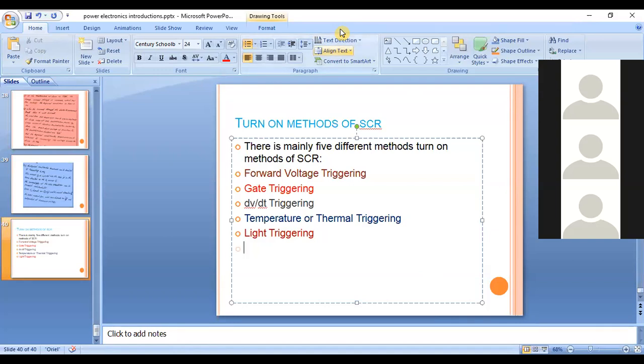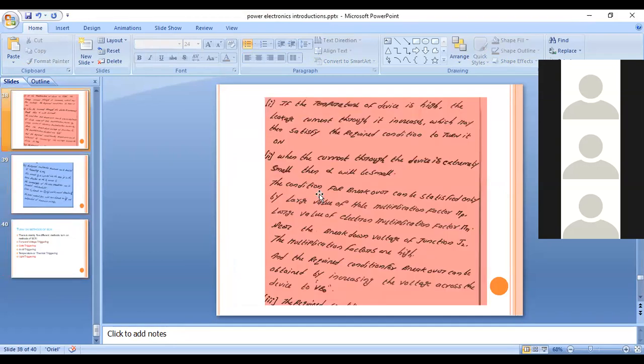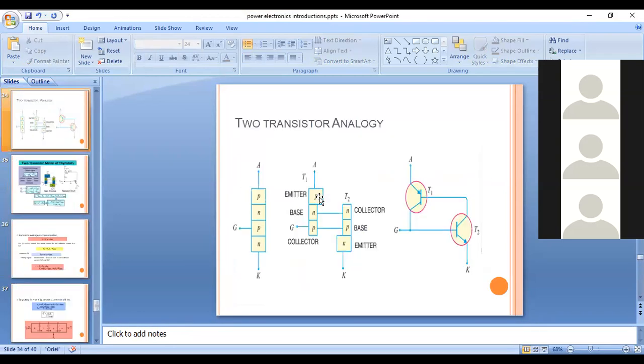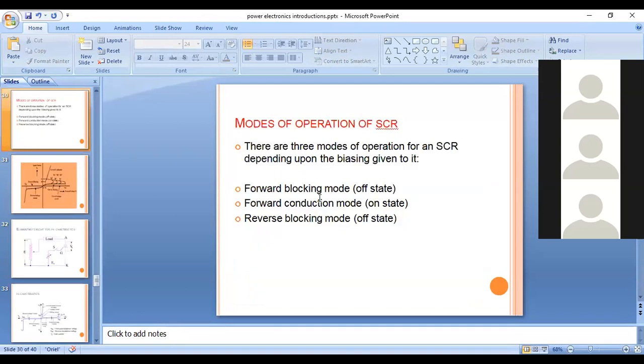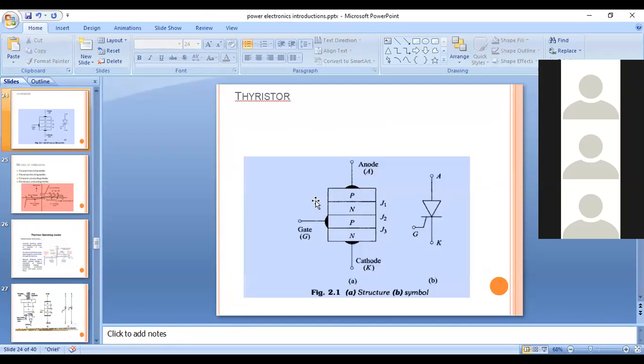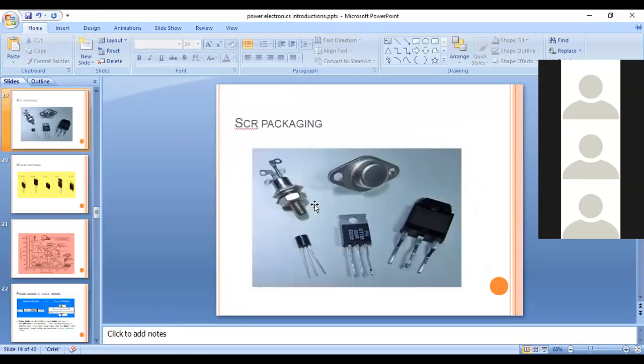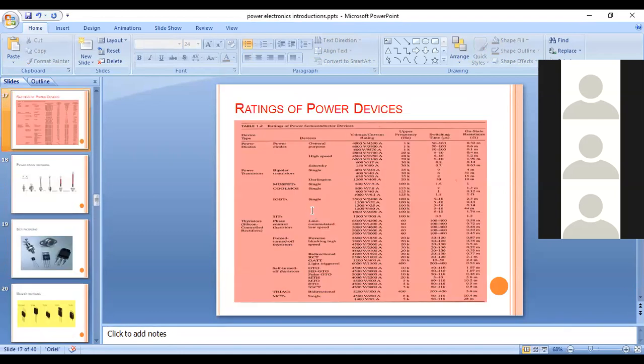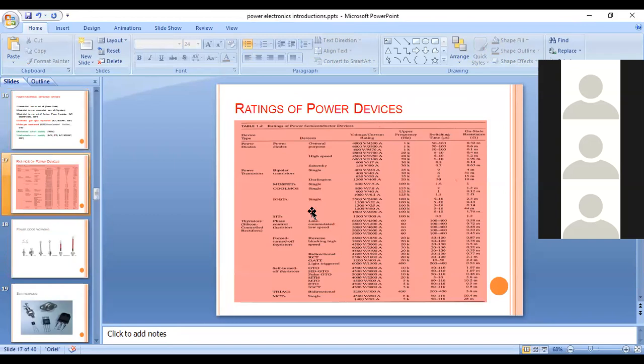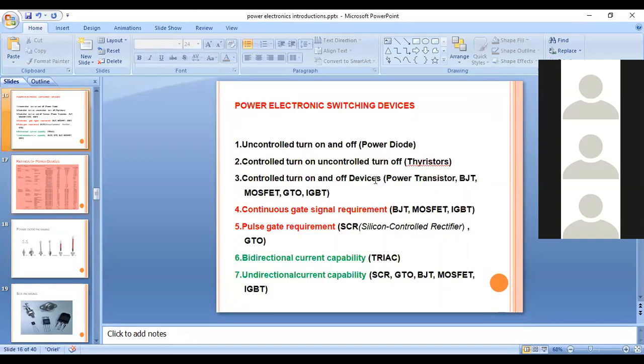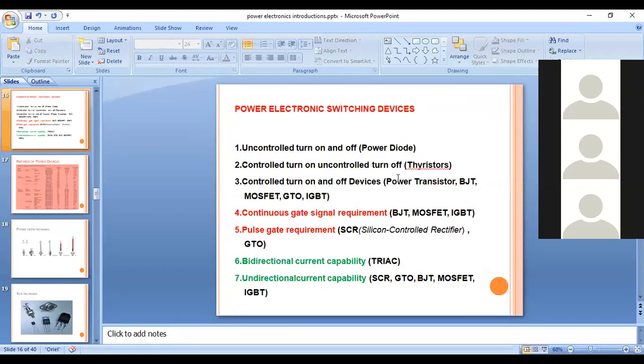Anyone have any doubt related to what we discussed, the two transistor analogy and the turn on methods? Any doubt related to the previous sessions, devices, device representations, current ratings and voltage ratings? No doubts. Can I end the session?